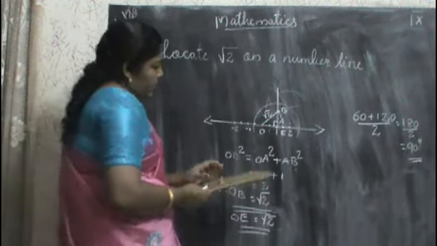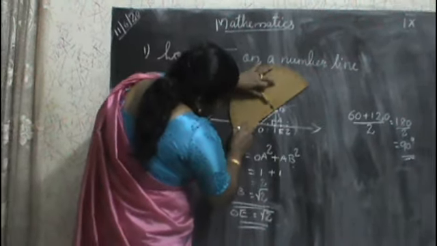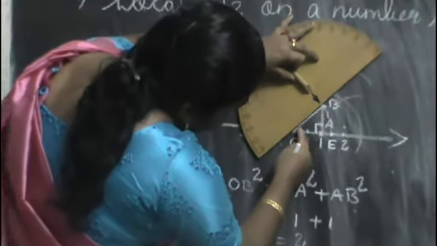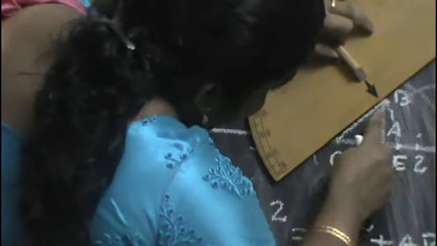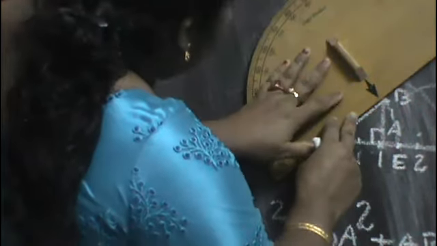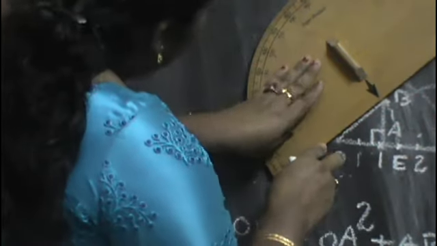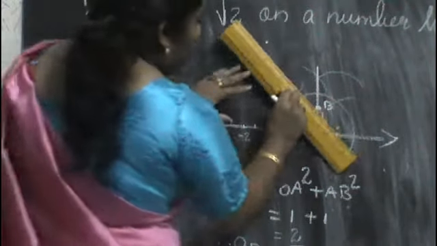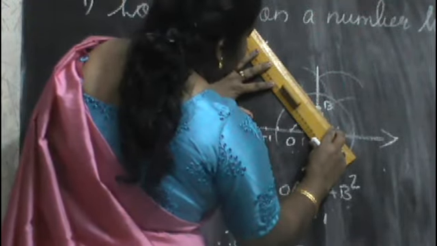Okay. Now you keep the protractor like this. Center is here. Then from OB, take 90 degree. 90 degrees here. Then join like this.